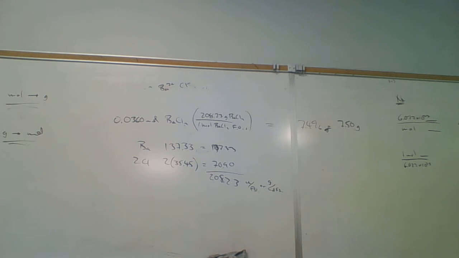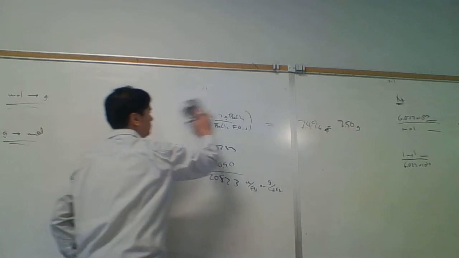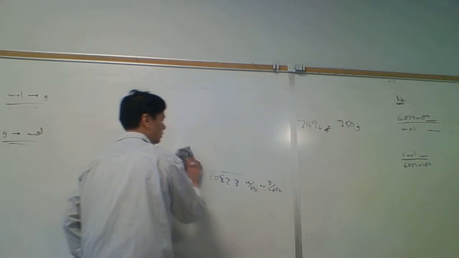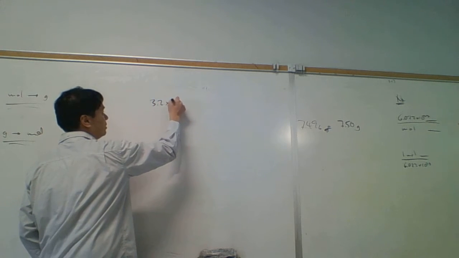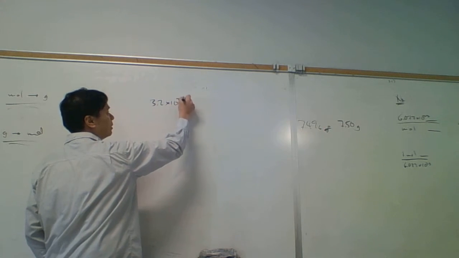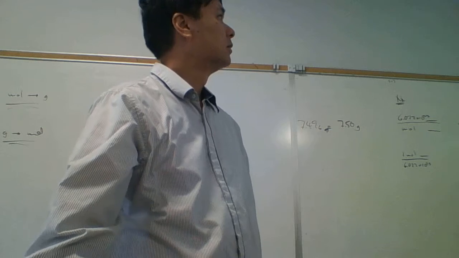Determine the mass in grams of 3.2 times 10 to the 24 molecules of sulfur tetrafluoride. Here I got 3.2 times 10 to the 24 molecules of sulfur tetrafluoride. What's the formula for sulfur tetrafluoride?